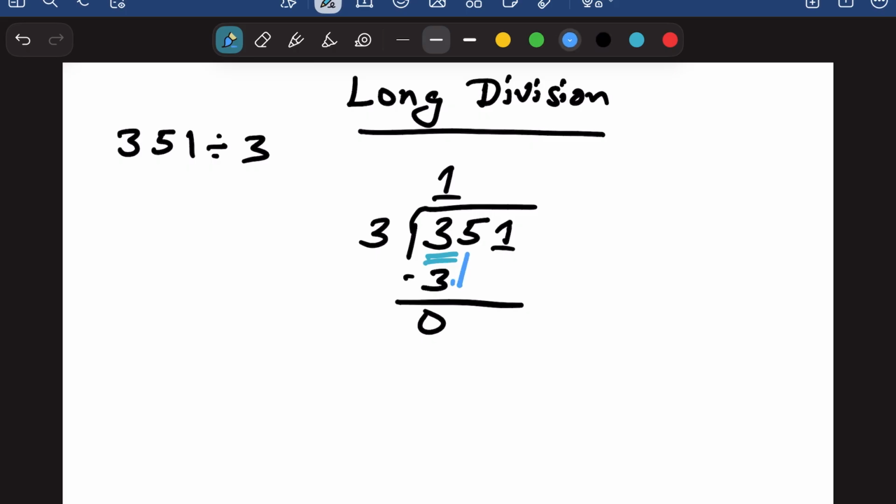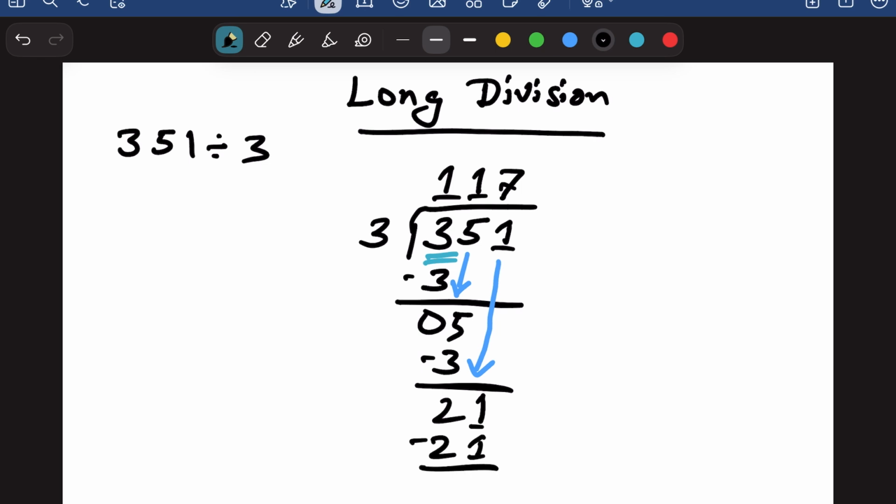And then this 5 comes down. So now 3 goes in 5 how many times? It goes 1 time. So 3 times 1 is 3. 5 minus 3 is 2. And then the 1 comes down right here. So this becomes 21. 3 goes in 21 how many times? 7 times. 3 times 7 is 21, and this is a perfect division with 0 remainder.